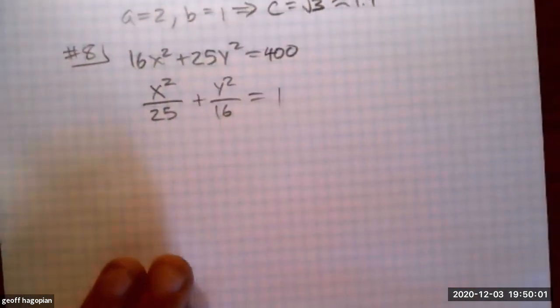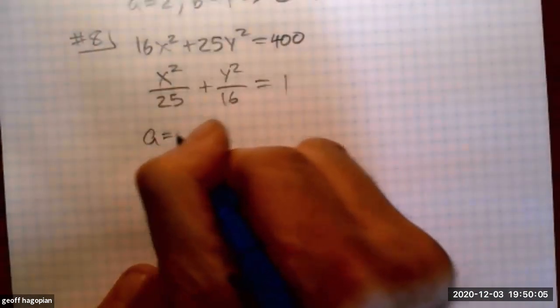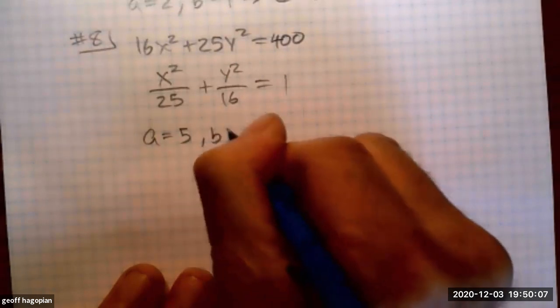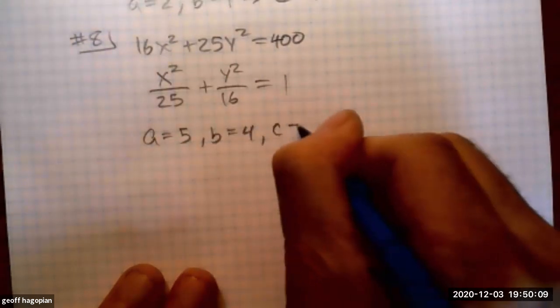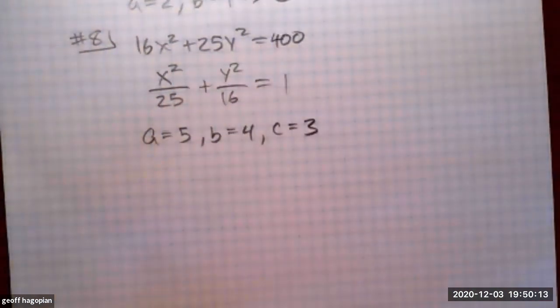So after dividing through by 400, we get that. So that means that A is 5, and B is 4, and C is the square root of 9, so that's 3. Oh, good. So we get a little 3, 4, 5 triangle there.